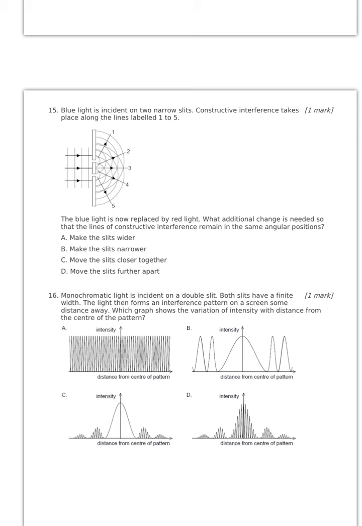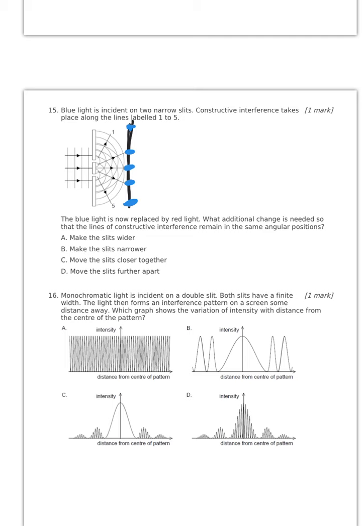So let's talk about those antinodal lines and really what's happening. As that pattern happens, if I were to put a screen over here, the antinodal lines are going to correspond to the bright fringes that show up on the screen.